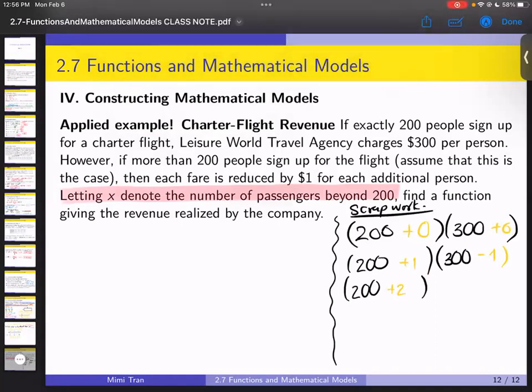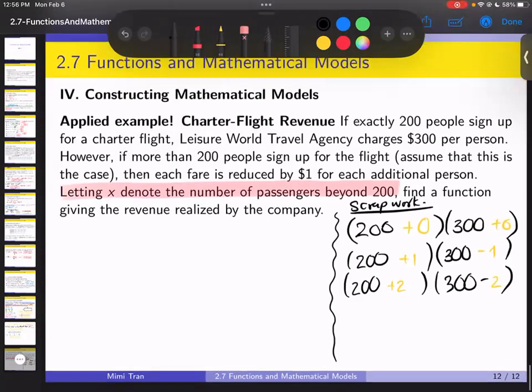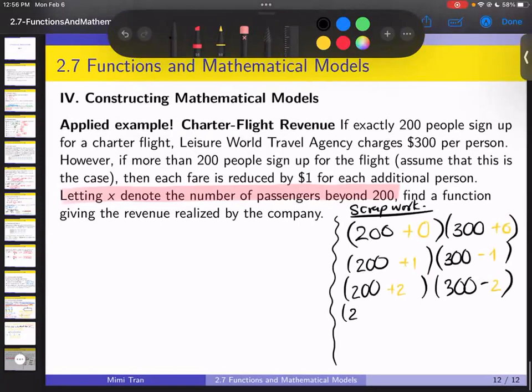It's reduced another additional $1, right? So $298 for that second person. Instead of 298, I'm going to write 300 minus 2. Do you see where I'm going with this? I'll do one more time. Third person, so I have 203 people, or 200 plus 3, and my ticket price would be 297, right? Or 300 minus 3.